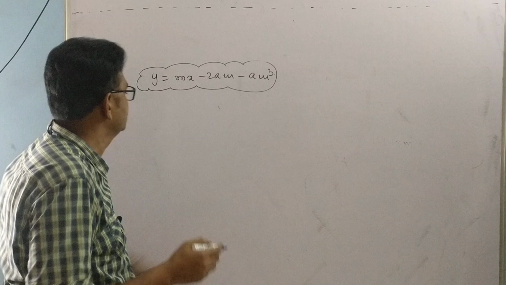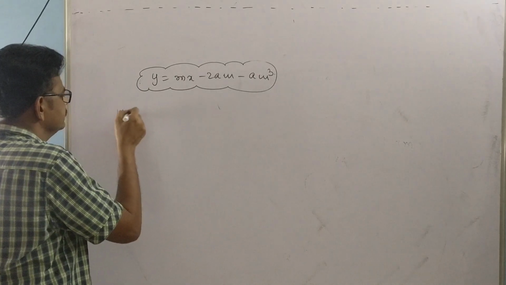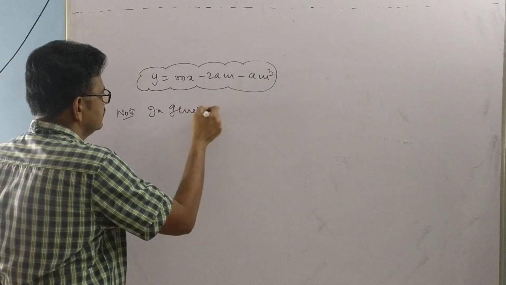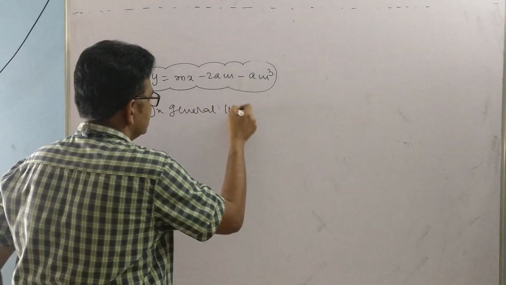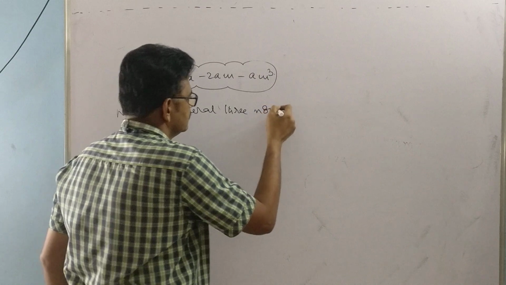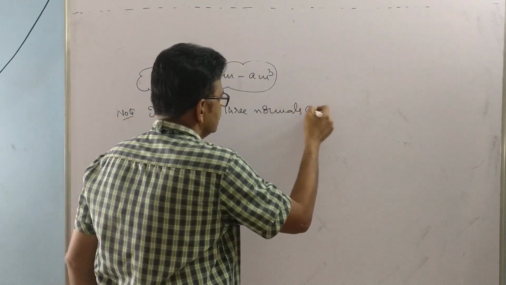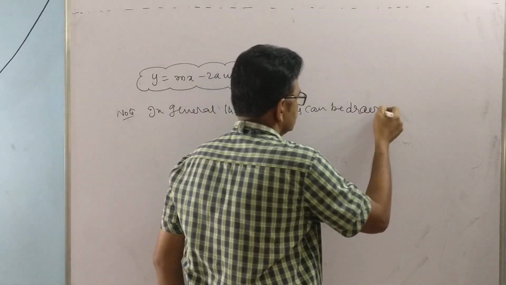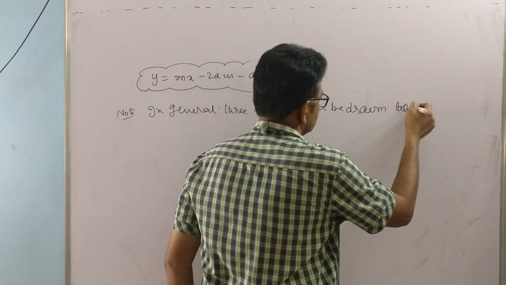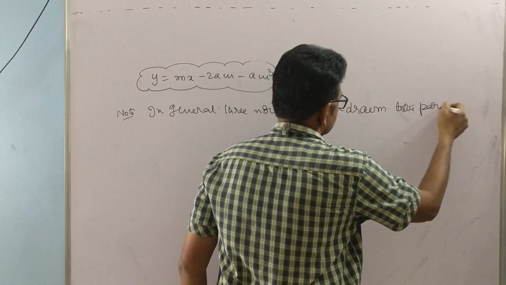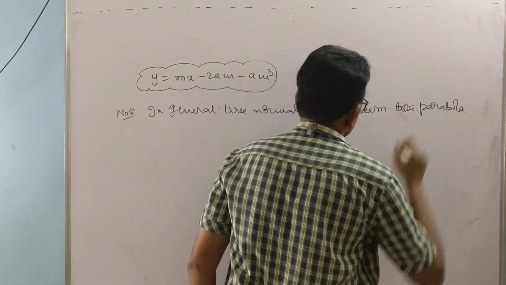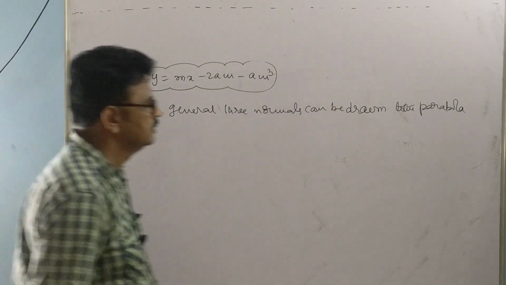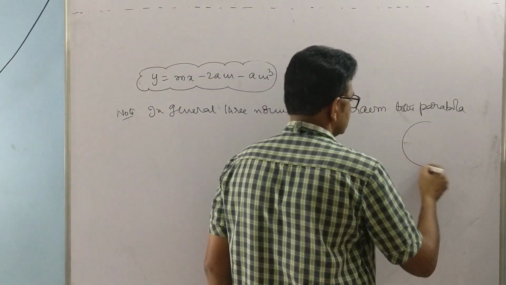Now note, in general three normals can be drawn to the parabola. Suppose this is the point x1, y1.